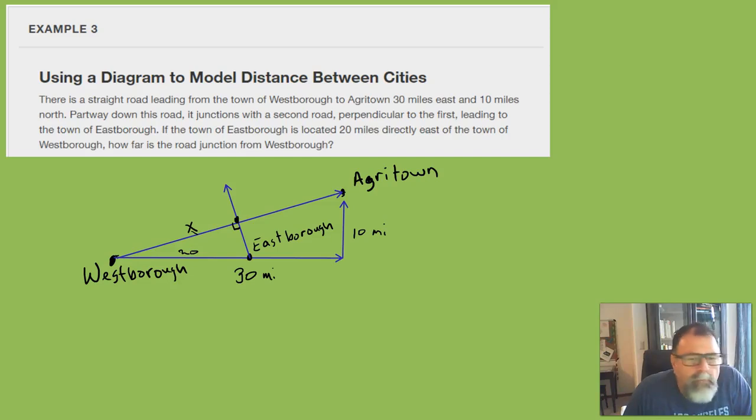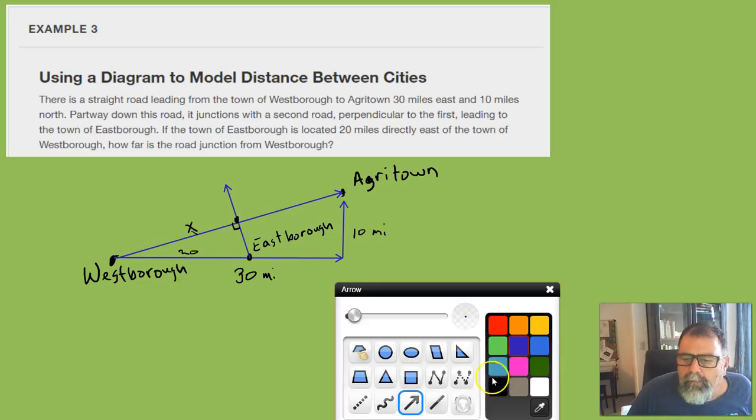We can also figure out the slope of this. So if this is 10 and 30, this equation would be, let's see, there'll be rise over run. Okay, so we're going to introduce an XY axis, actually.